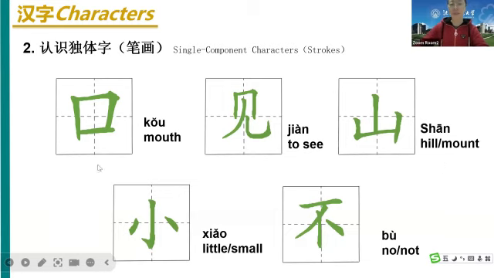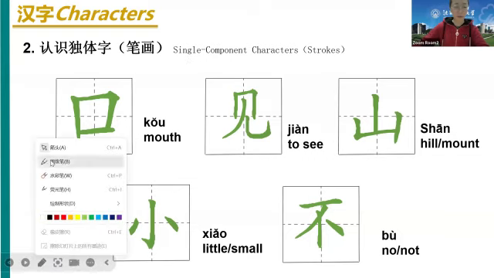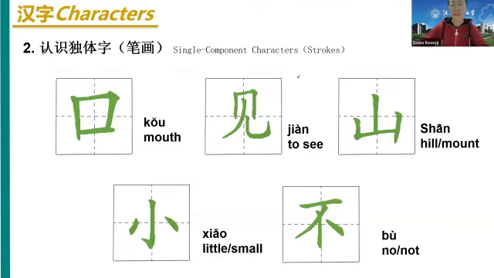Some students didn't mark the tones of these Chinese characters. The first one, 口, is the third tone. And some students didn't write the character 欠 very correctly. Let me show you how to write this Chinese character.